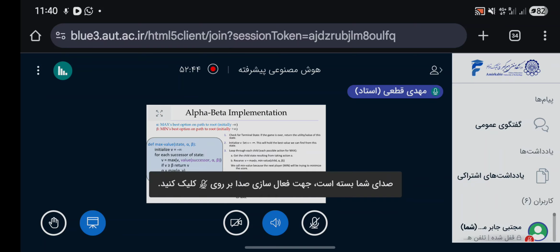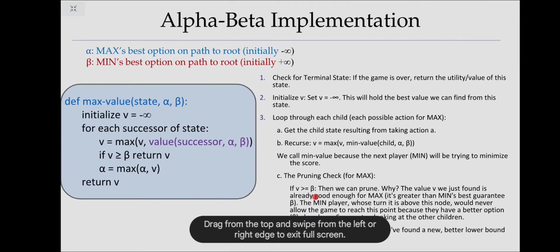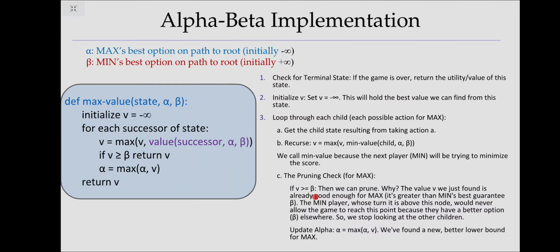If v is greater than beta, because the above node is a min player, the min player has an option with beta value.